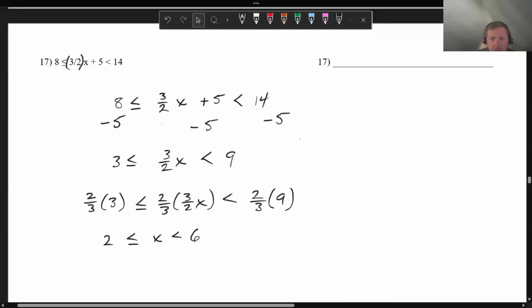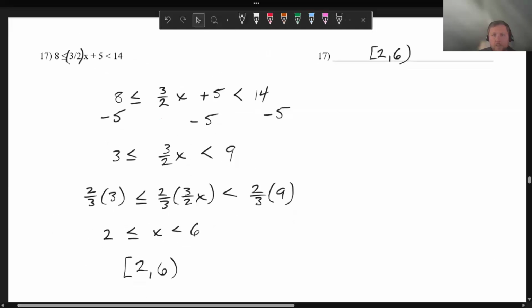All right. So in interval notation, this is 2 to 6, and it's going to be inclusive on the 2, and it's not inclusive on the 6. And I don't see the number line, so I'm going to just put one in because it's still under those instructions.